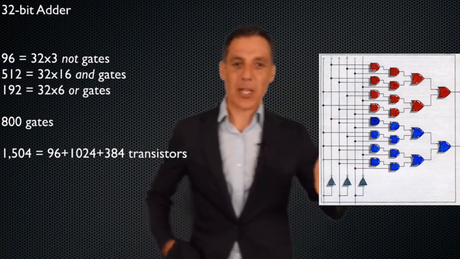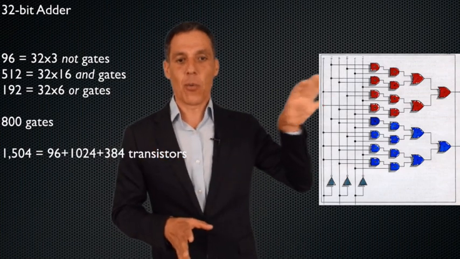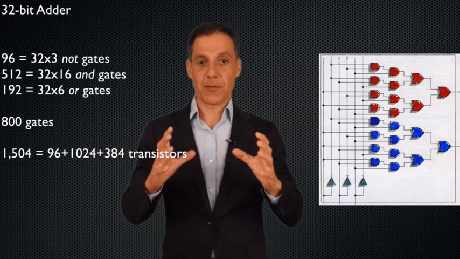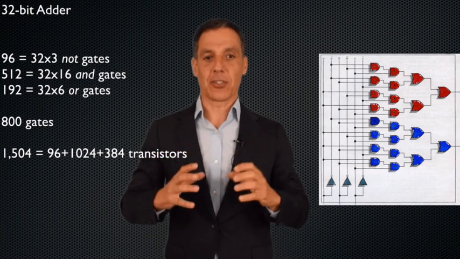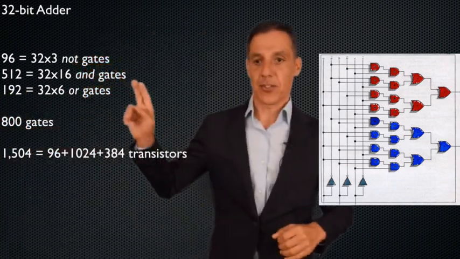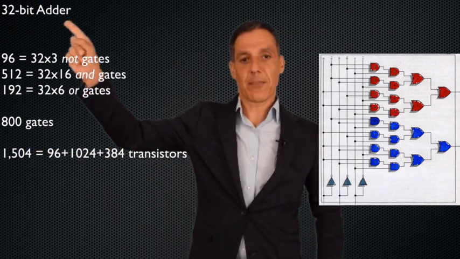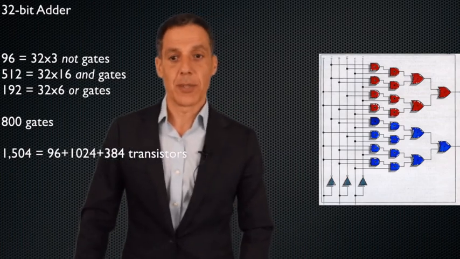So now look at what I'm doing. I'm popping out the levels of abstraction. I'm pushing through the 1-bits. I've got the circuitry for the 32-bit adder. That's made up of a bunch of 1-bit adders. That's made up of a bunch of gates, and that's made up of a bunch of transistors. I need 1,500 transistors to do one single mathematical operation, which is 32-bit addition.